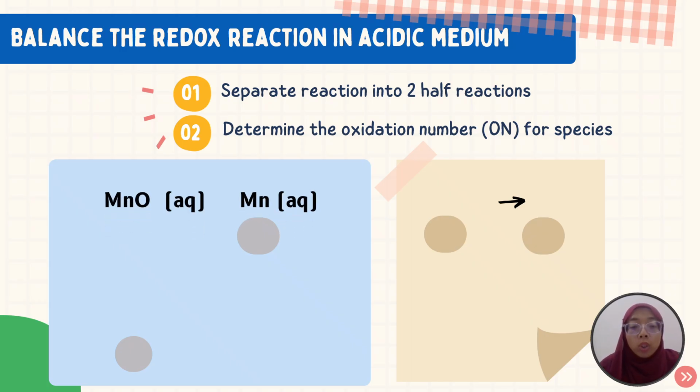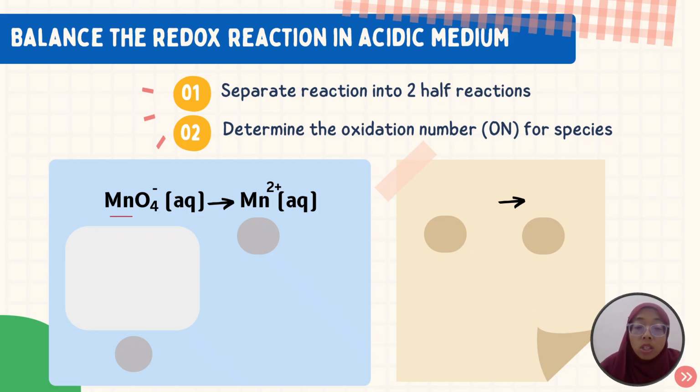So, we choose the first reaction, which is permanganate ion MnO4 minus producing manganese ion Mn2 plus, and then find the oxidation number for manganese. So we have to find the oxidation number for manganese for the reactant and the product.